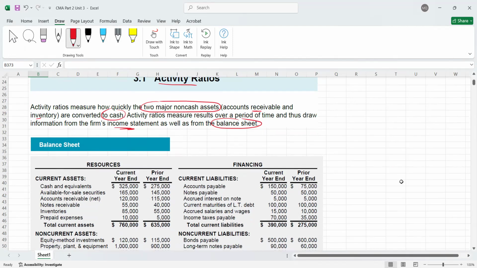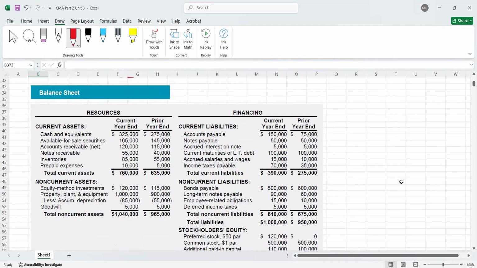So here we have just a basic recap of our balance sheet. Let's assume in your exam question, if you are required to calculate certain ratios, the data will be provided, so you need to know how to apply those formulas.